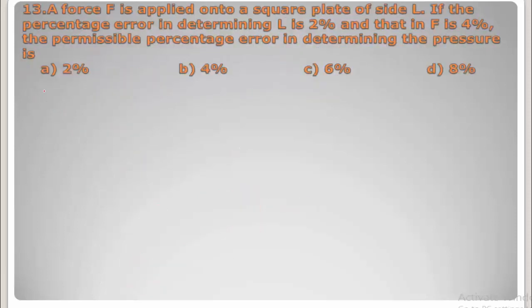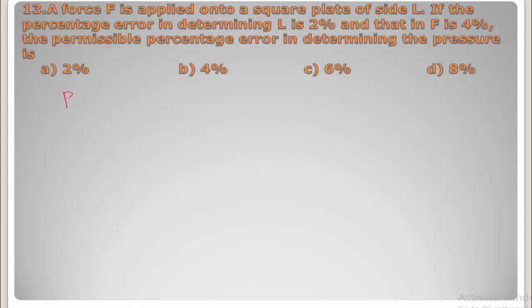A force F is applied onto a square plate of side L. If the percentage error in determining L is 2% and that in F is 4%, the permissible percentage error in pressure is? So you have to find the percentage error in pressure.